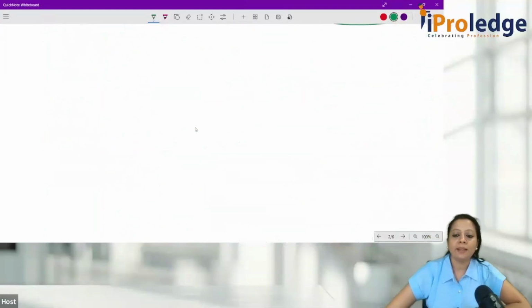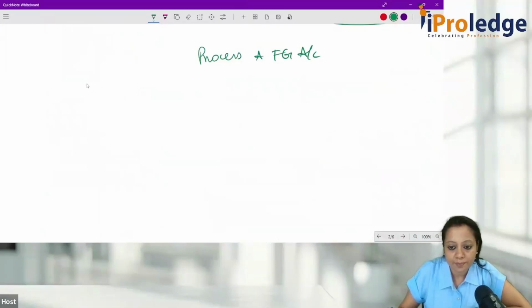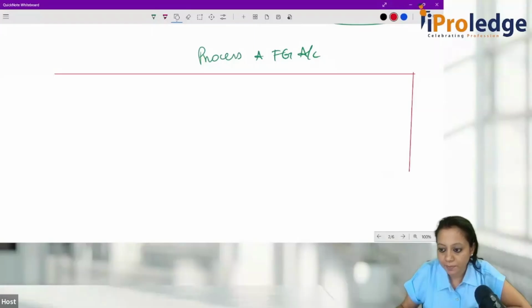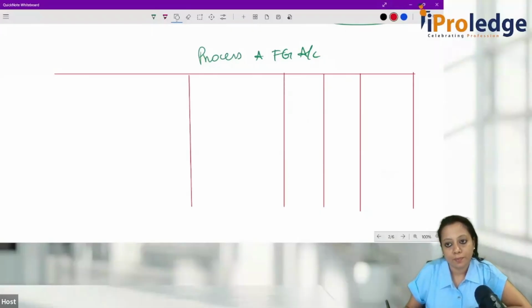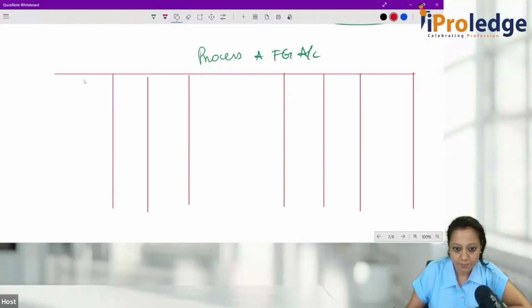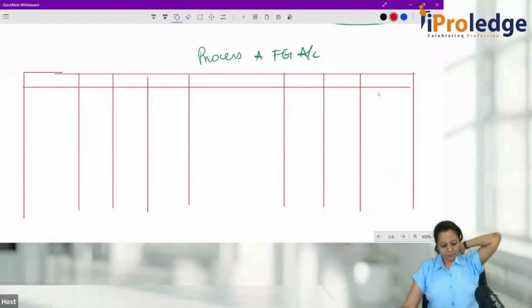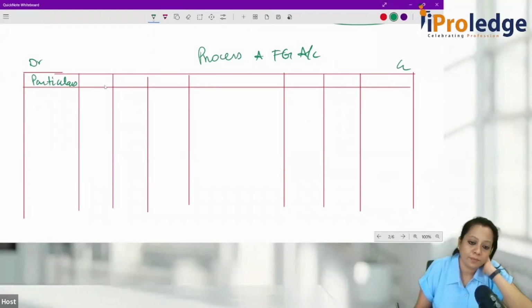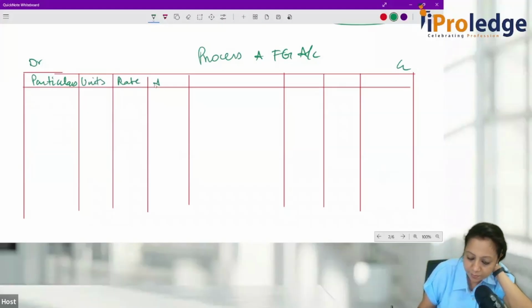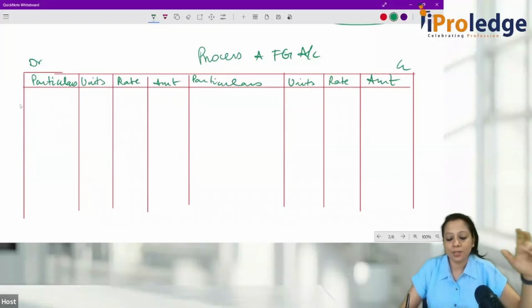Yes, wonderful. Now we will prepare the FG account. So now we will take opening and closing into consideration.